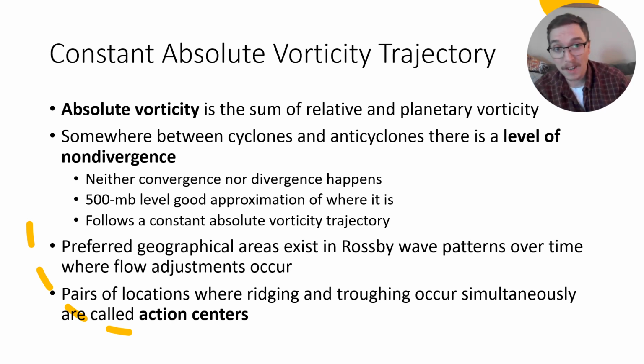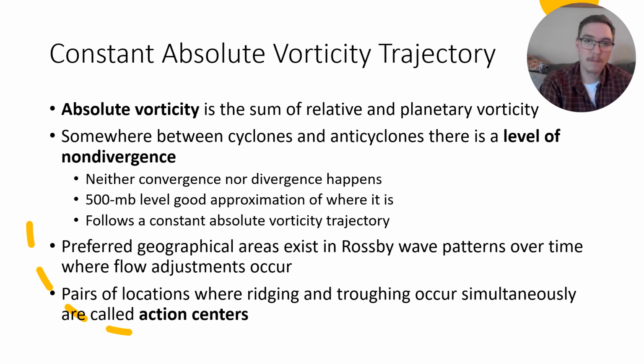The important part, the reason we care about this, is that somewhere between cyclones and anticyclones, there is a level of non-divergence. Neither converging nor diverging winds happen here. Right around that 500 millibar level is a good approximation of where that is, and it follows a constant absolute vorticity trajectory.